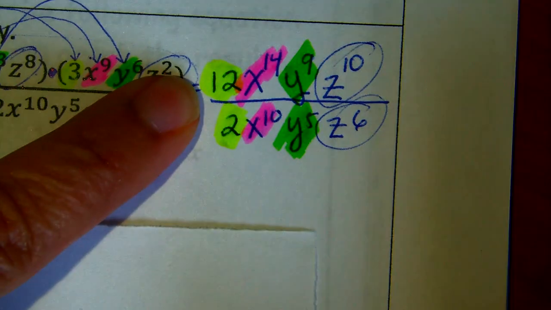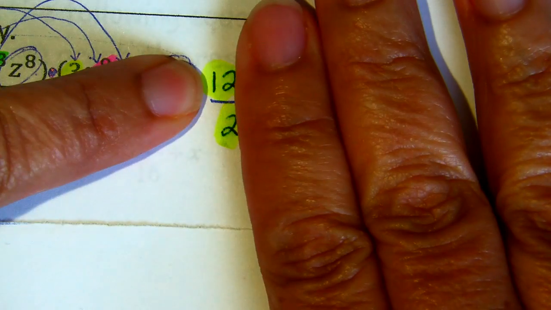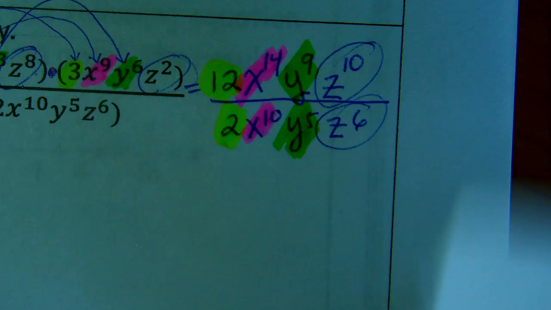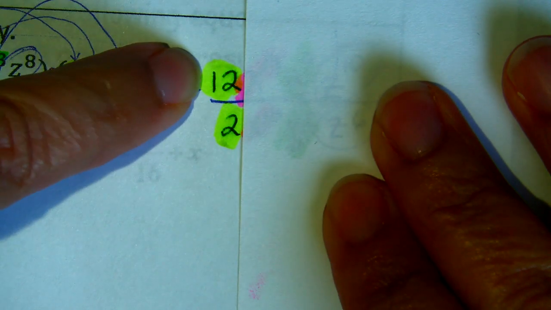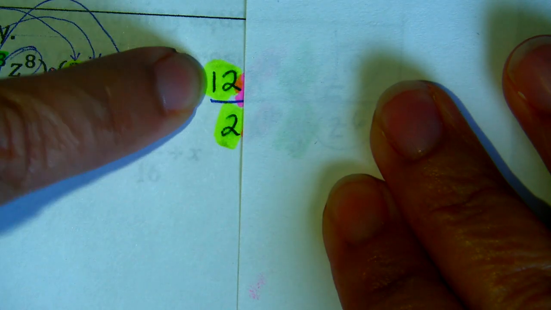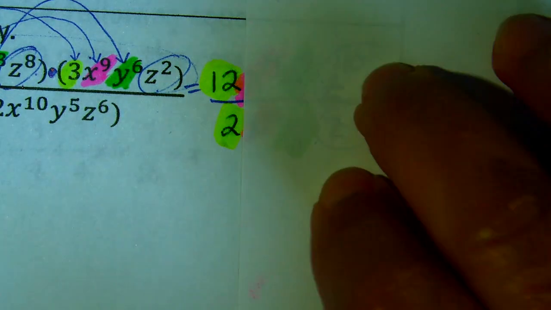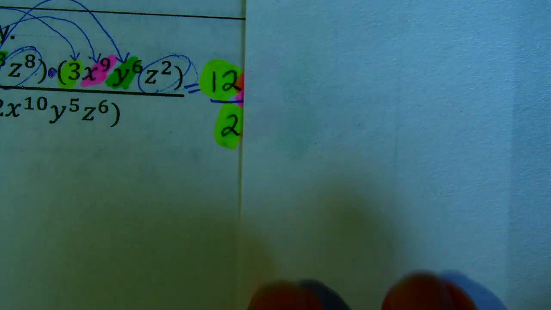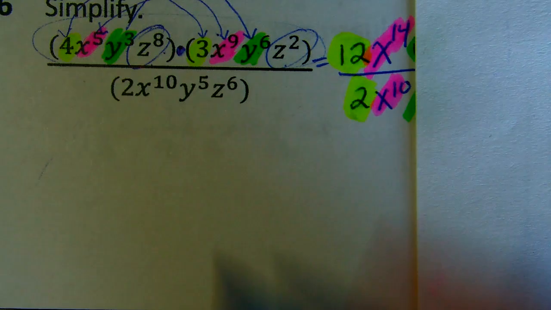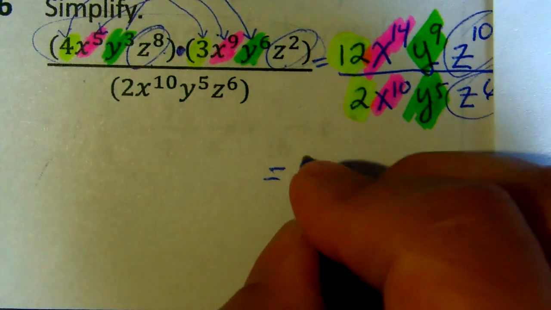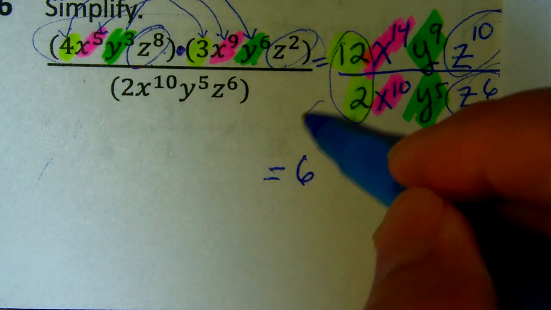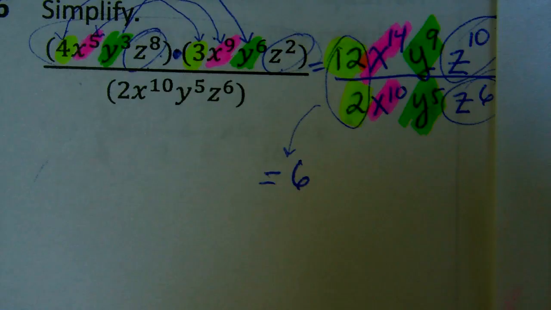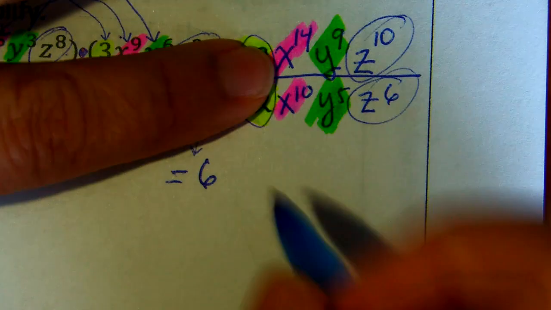I see the two coefficients, 12 and 2. If I cover the x, the y, and the z, what do I see? 12 divided by 2. What is 12 divided by 2? You can just put it in your calculator or do it in your head. This gives you 6, right? And now let's go to the letters.